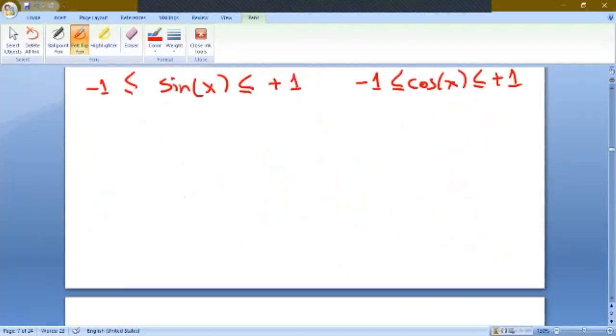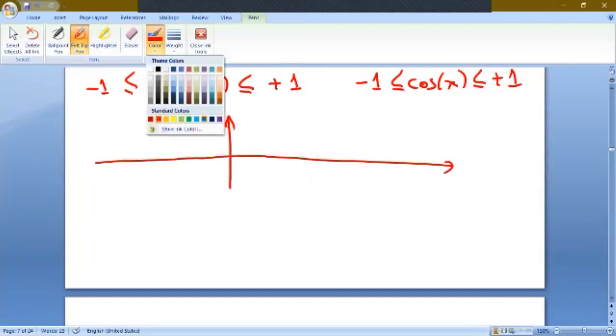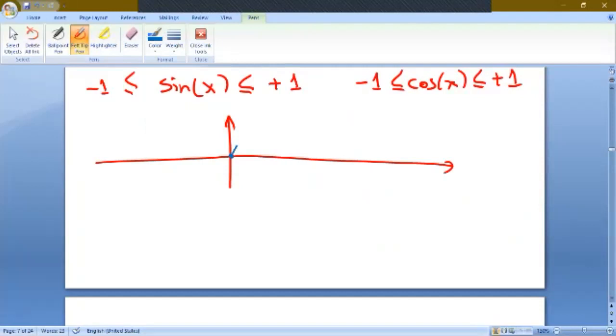So the graph of sine looks like this. At 0 it is 0, it can get at most 1, and then it can get 0 again, but can get at least minus 1, let's say somewhere here, and then it keeps oscillating, coming back to 0, going back to 1, coming back to minus 1, keeps going like this.